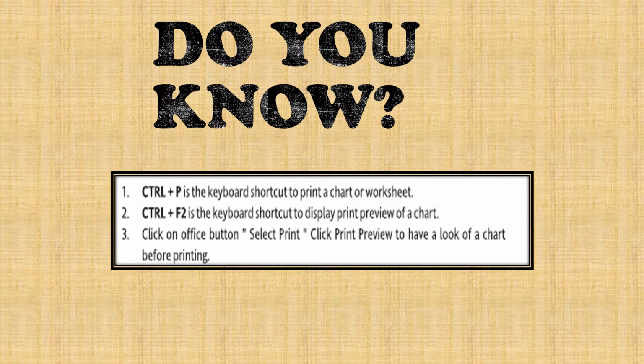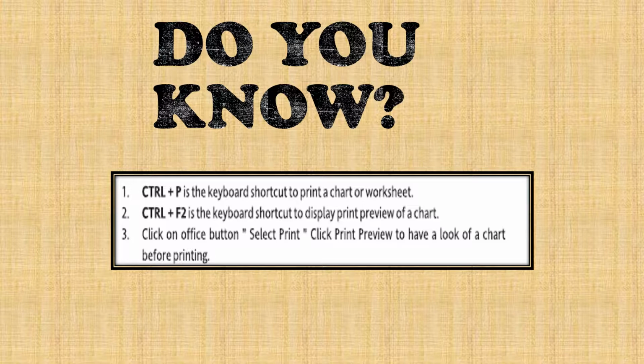After seeing the steps to print a chart, let me now tell you some shortcuts. Control plus P is the shortcut to print a chart, and Control plus F2 is a shortcut to display print preview of a chart. Print preview means to see how a chart will appear on paper.